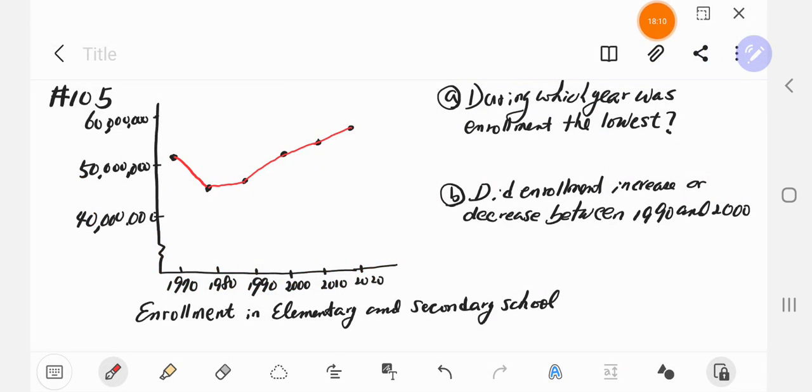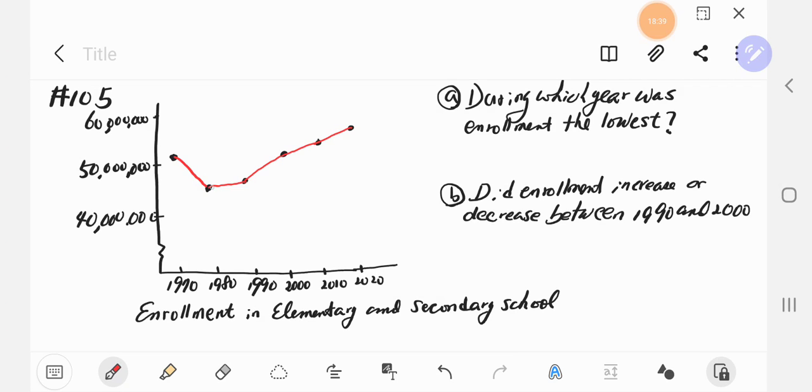Okay, number 105. This graph shows the enrollment in elementary and secondary school. In 1970, the enrollment was a little more than 50 million students. So number 8, during which year was enrollment the lowest? In order to find the lowest, we will select the point where it has the least number.